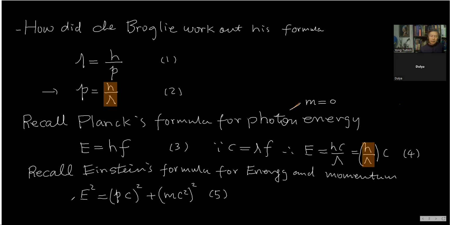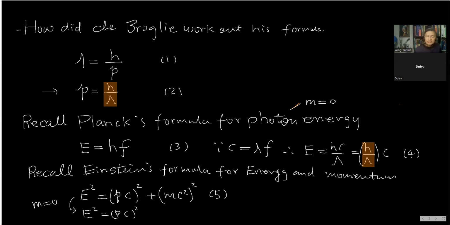So Einstein's formula is for particles with or without mass, all right? If we set the mass equal to 0 for photon, this formula is still valid. That will equal to P C squared.